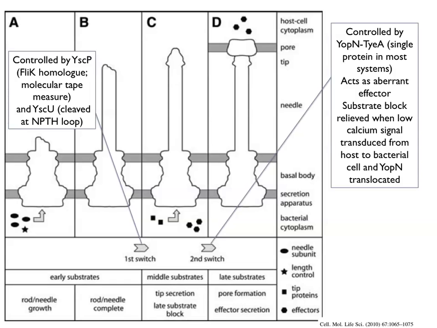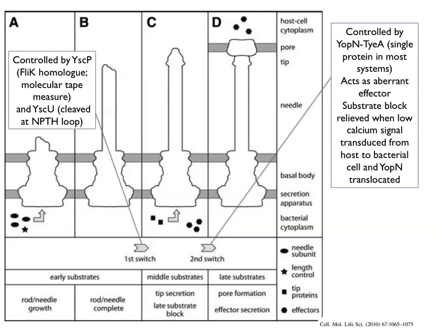The second switch is controlled by a protein pair in Yersinia called YopN-TyeA, although I showed a few years ago that these actually have homologs in almost all these systems that act as a single protein. Yersinia is a bit of an unusual one in having them broken into two. And what this does is it's a bit like an effector that is trying to get secreted and blocks up the system.